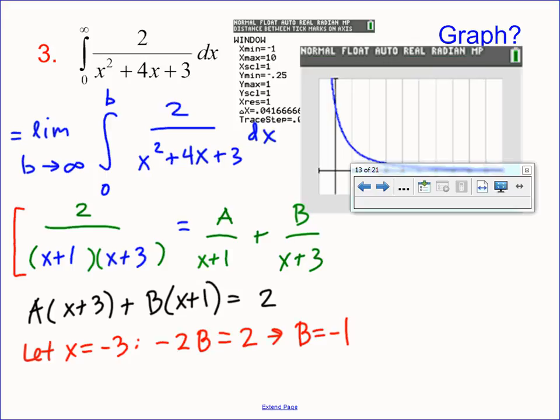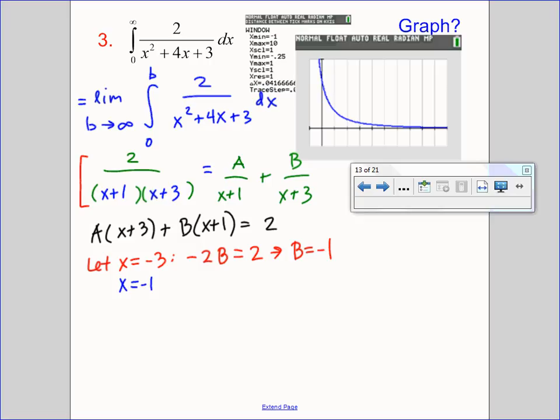And by letting x equal -1, then the B term drops out and I get -1 + 3 is 2, 2A. 2A equals 2, which means that A equals 1. Yes? Awesome. So algebra is done.